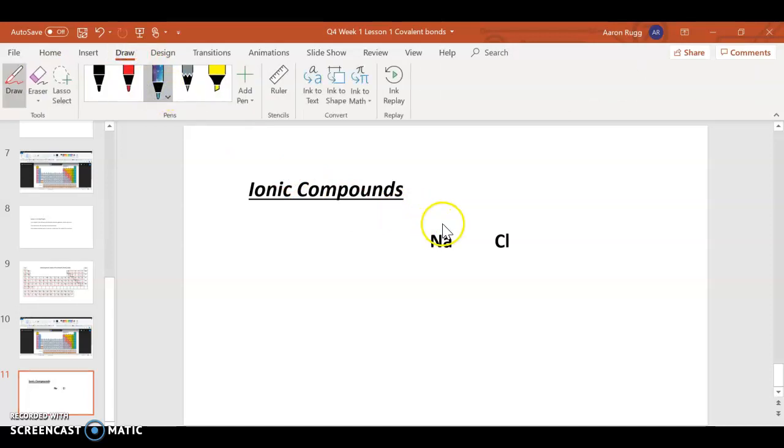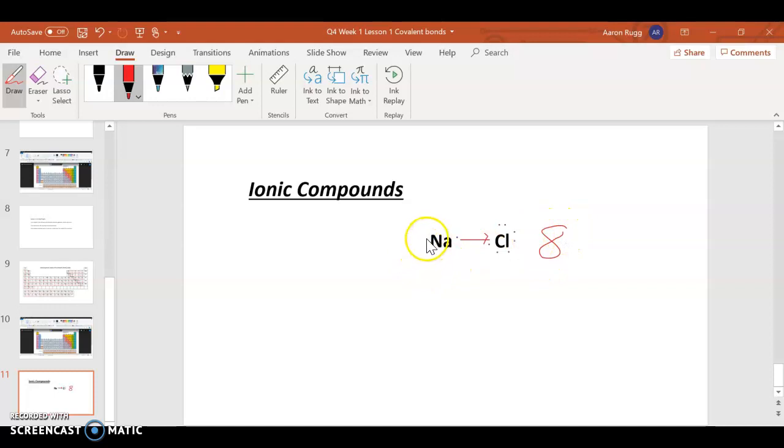Grab my space pen. So here is sodium. It's got 1 valence electron. Chlorine has 7 valence electrons. Okay. So now if chlorine wants to be happy, sodium is going to take its valence electron and transfer it to chlorine, which will give chlorine a total of 8 valence electrons.